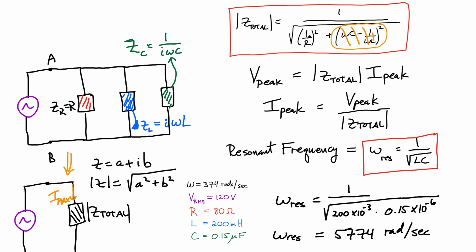So really, this is the maximum impedance you're going to get when you eliminate this term. This becomes maximum at resonance because of the way the equation looks. And if that term is maximum at resonance, it means that the peak current is going to be a minimum when you have this specific frequency.